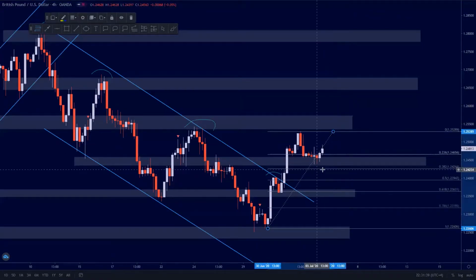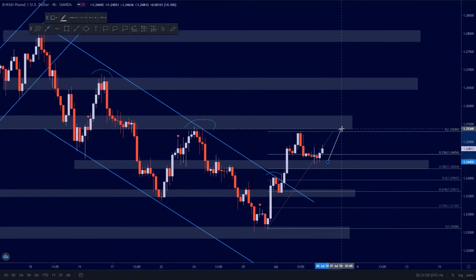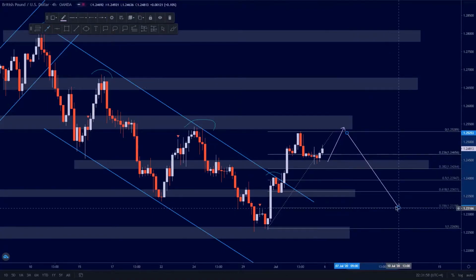So you can see the 38% and my support are at the same level. There is a high possibility they give you one more high and a successful double bottom, then it will come down to the 78%. When it comes to 78%, you need to plan your buy. One buy is there and one buy.